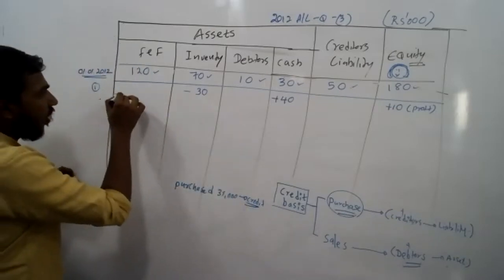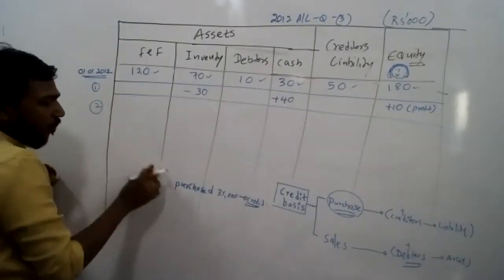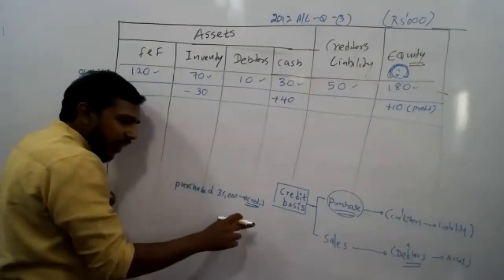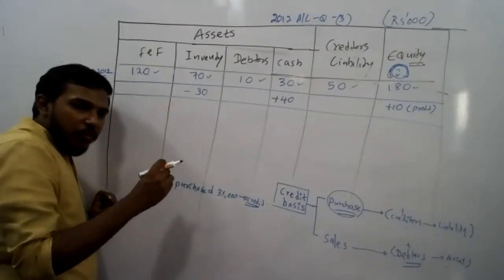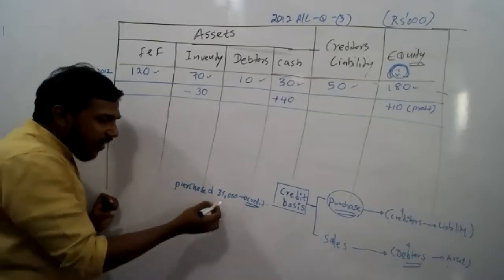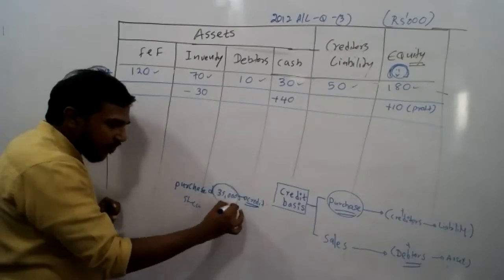Now see, credit basis means you don't pay the cash right now, right? Whether you purchase on credit basis or on cash basis, doesn't matter. You will get this stock.